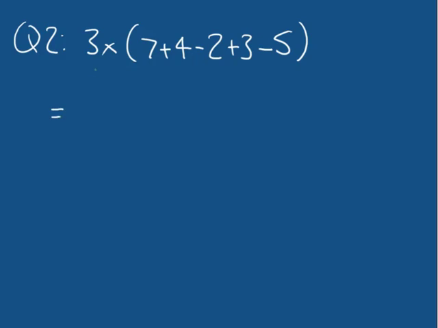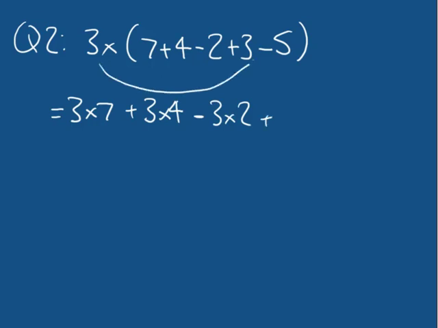That is equal to 3 times 7, plus 3 times 4, because we're adding inside the parentheses, minus 3 times 2, because we're subtracting, plus 3 times 3, and finally minus 3 times 5.